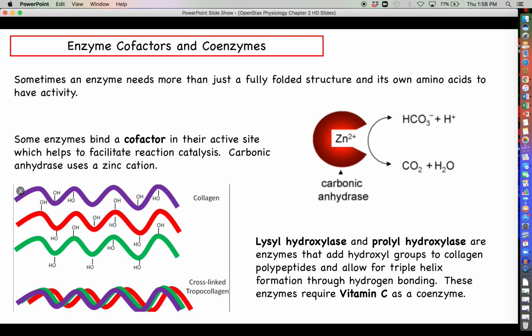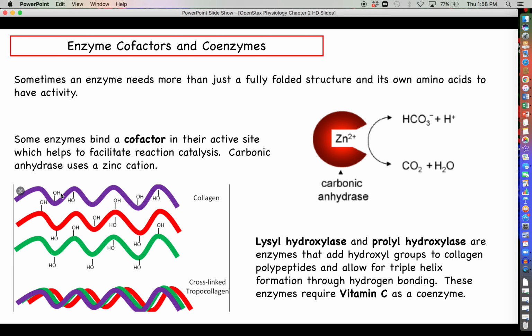Back in Chapter 1, we discussed how vitamin C is necessary to prevent yourself from getting scurvy, and all we really said is that vitamin C is in some way necessary for making collagen. Well, it's not actually required for making collagen, but it is required for getting the triple helix structure for collagen that is necessary for its stabilization to occur.